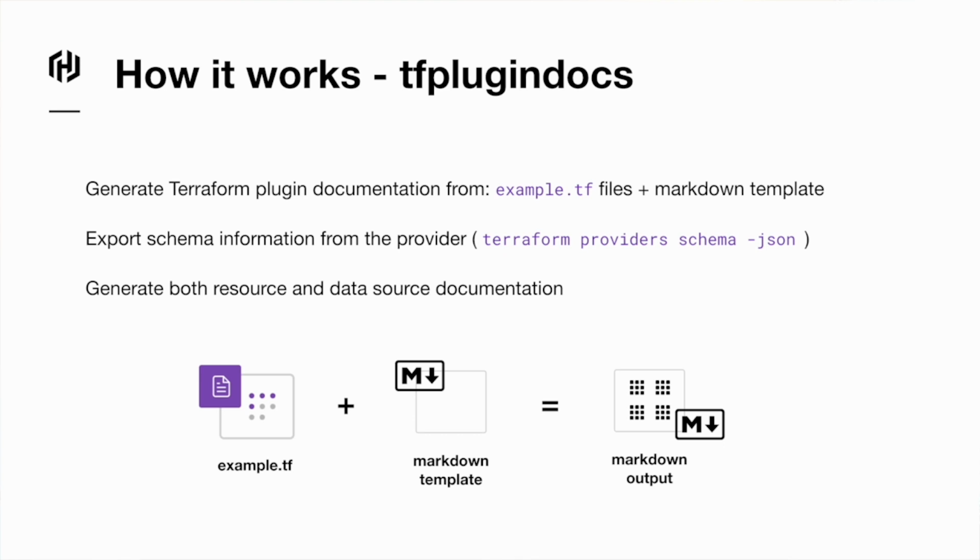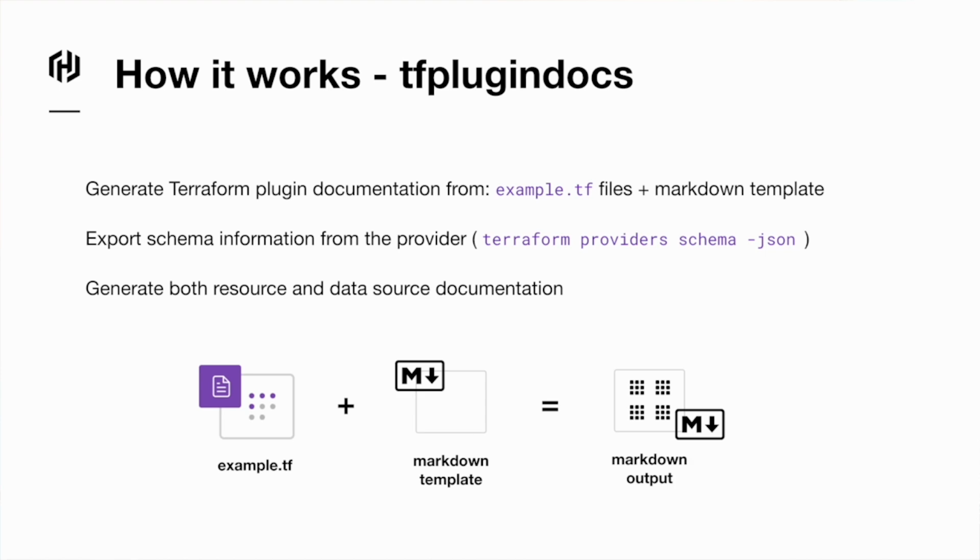It takes an example file, say example.tf, and renders it with the Markdown templates, and along with that, it also generates other resource properties. It then exports the schema information from the provider. You can run that by using the terraform providers schema command. And the tool generates both resource and data source documentation.